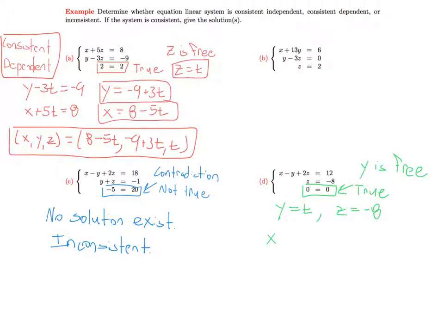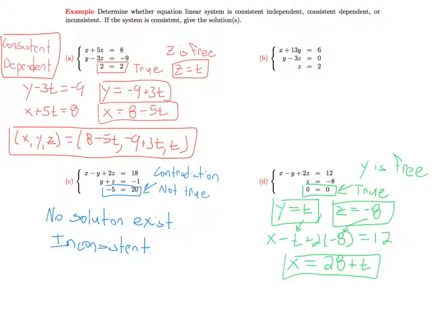So x needs to satisfy the equation that x minus y, and now I'm going to replace y with t, plus 2 times z, which I replace with minus 8, equals 12. So solving this for x, we get that x is equal to 28 plus t. So y is free, z is equal to minus 8, and that gives x is equal to 28 plus t.